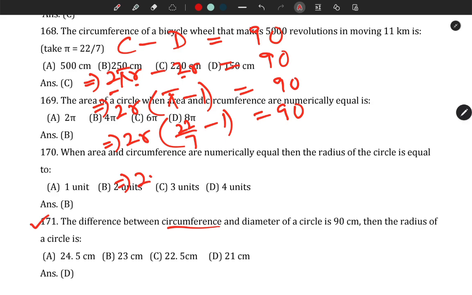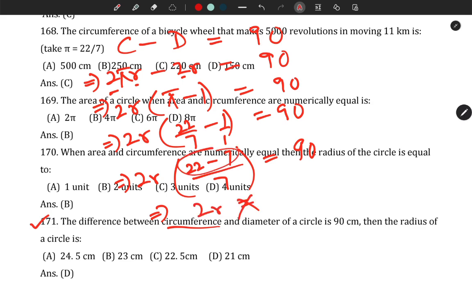Then if we take LCM as 7, it will be 22 minus 7 over 7, so 2r into 15 by 7 equals 90.